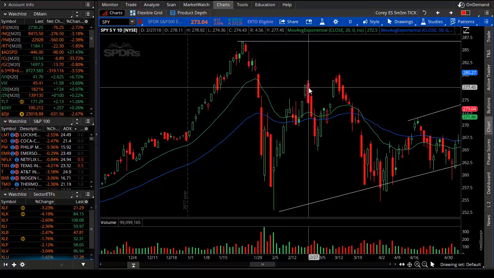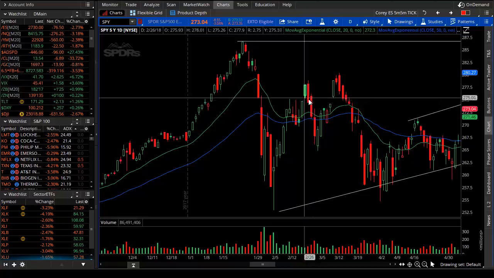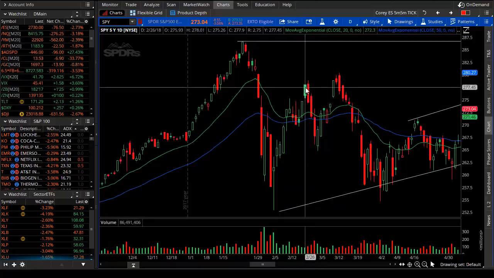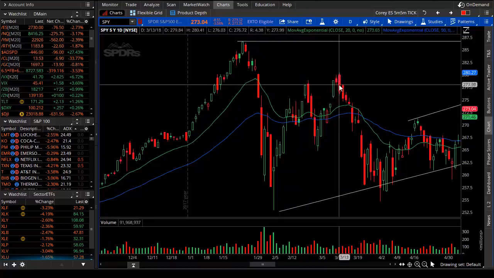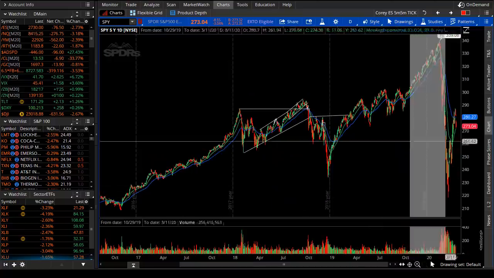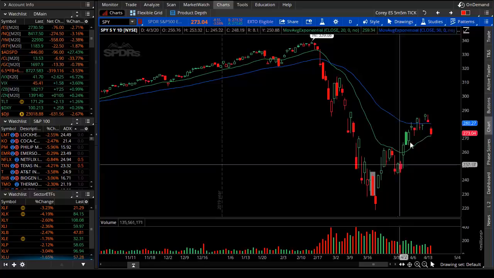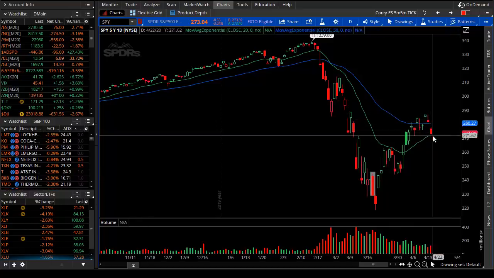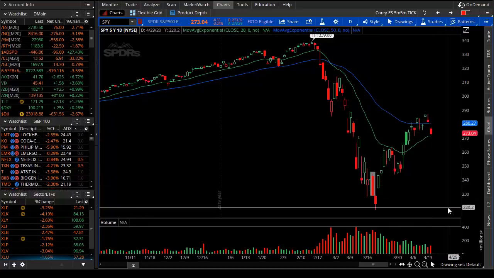The thought process, or at least how we can frame this out, might be that we are here, up, down, up, one more up, I guess, in the market here, and then we retest the low. That's 2018. Down, up, and a couple of sessions in this, and maybe we retest the low.